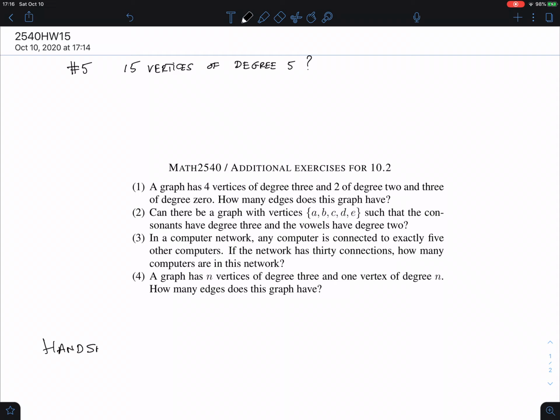So remember the handshake theorem. It says, and we're going to use it just for undirected graphs, that twice the number of edges is the same as the sum of the degrees of all the vertices.